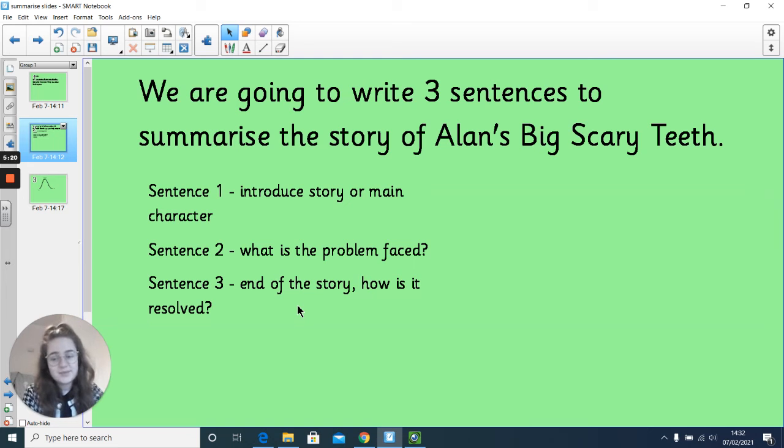Okay, so at the end of Alan's Big Scary Teeth, the problem is resolved because he gets his teeth back, but he has kind of learned, hasn't he, that scaring the jungle animals is not really very nice because it makes them quite upset. So he starts using his teeth, his scariness, for different uses, like giving them a haircut and reading them scary stories, being the scary reader of a scary story because he's quite scary.